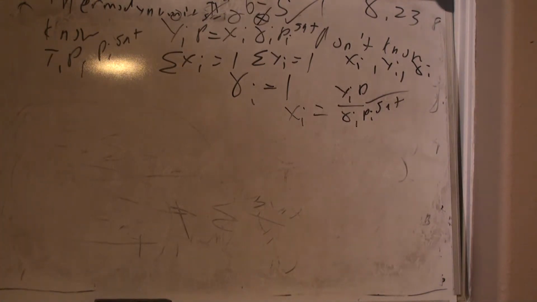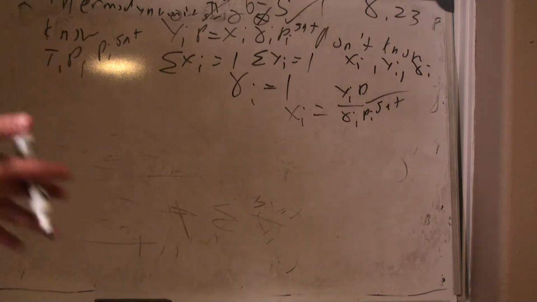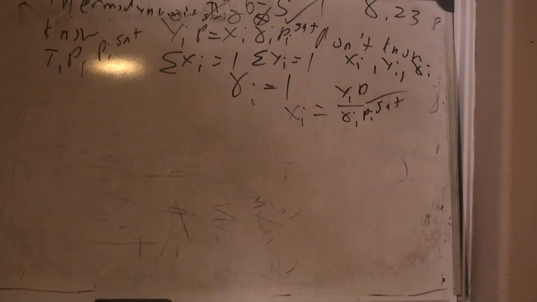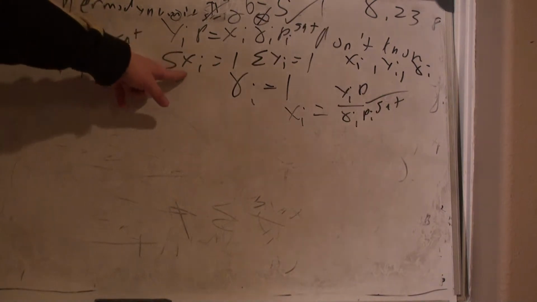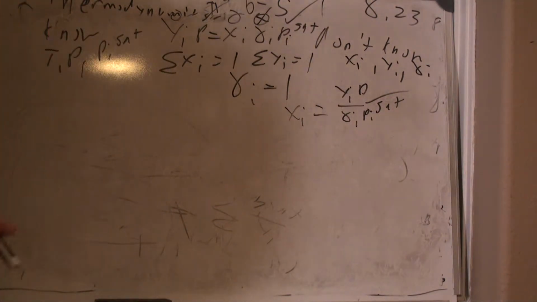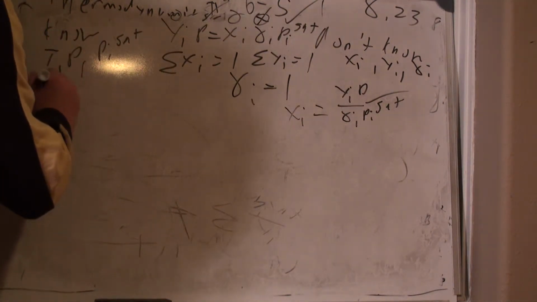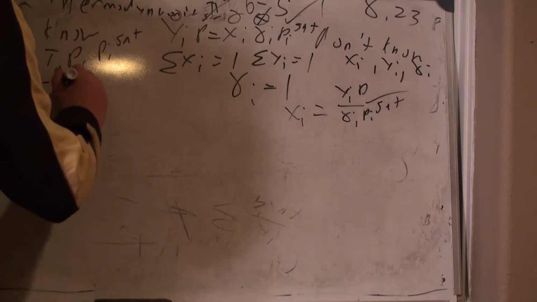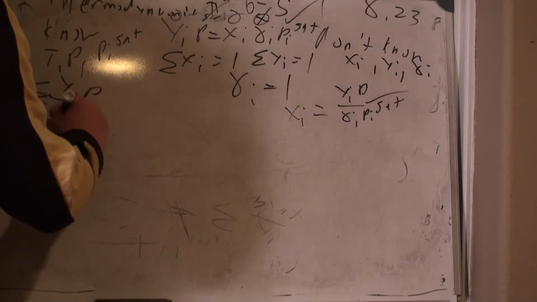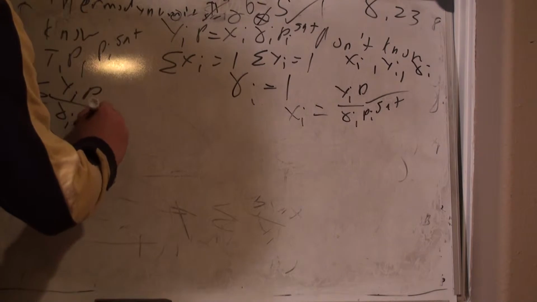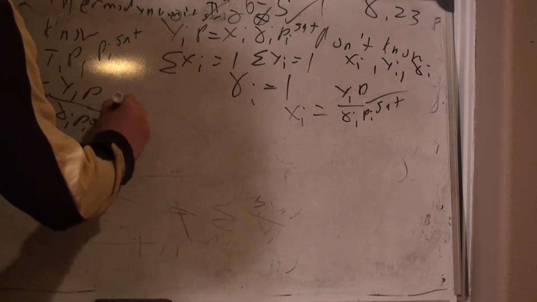So the only thing I don't have a value for is yi, but I have two of these: x1 equals y1 P over gamma 1 P1 sat, and x2 equals y2 P over gamma 2 P2 sat. There's still too much I don't know. But I have the summation right here that I can plug back into. So I have the summation of yi P over gamma i Pi sat is equal to 1.